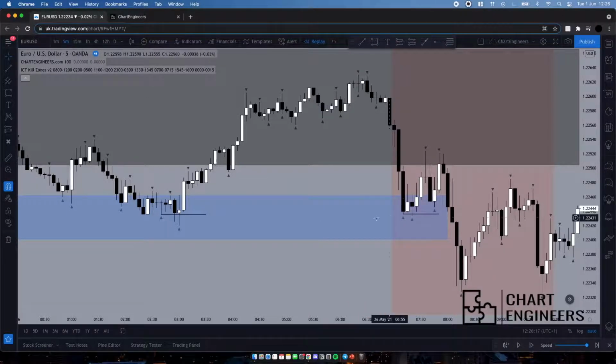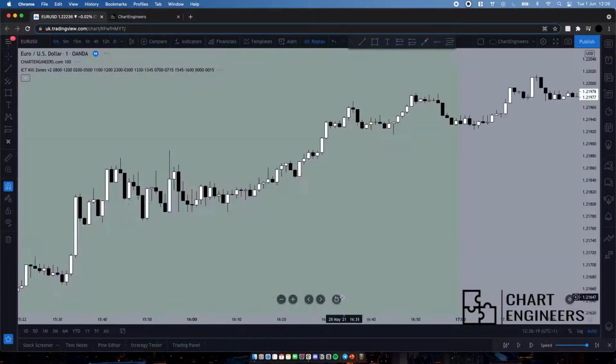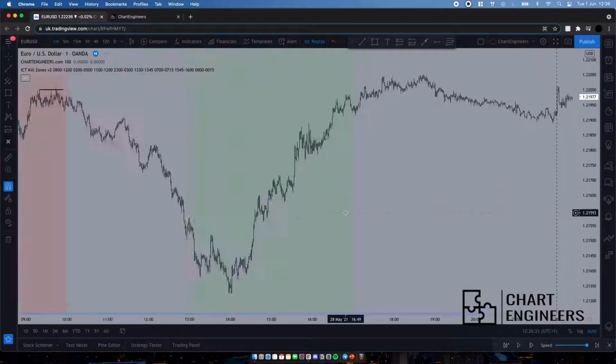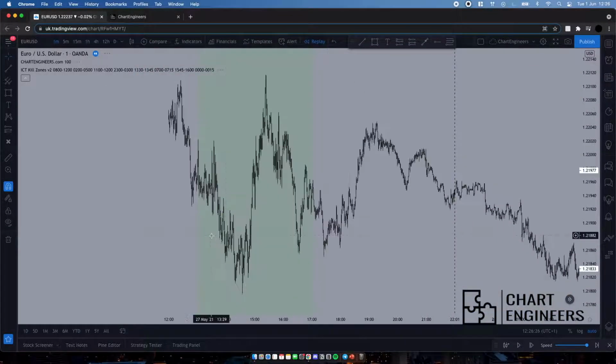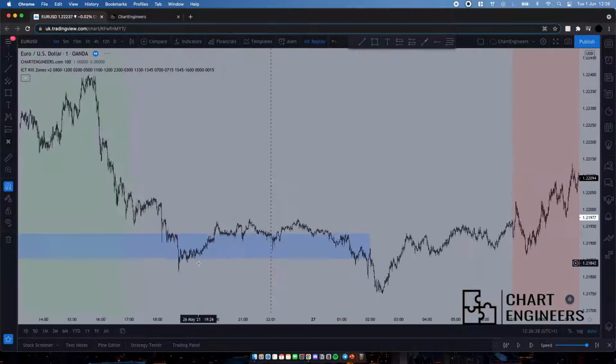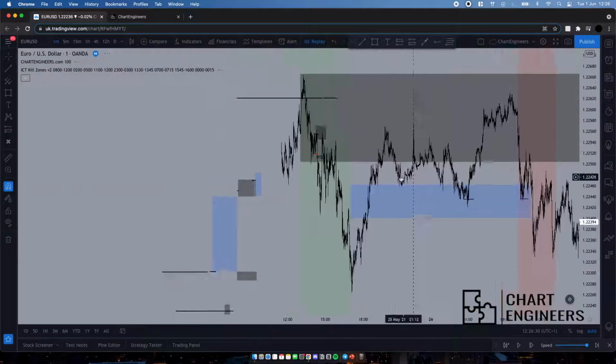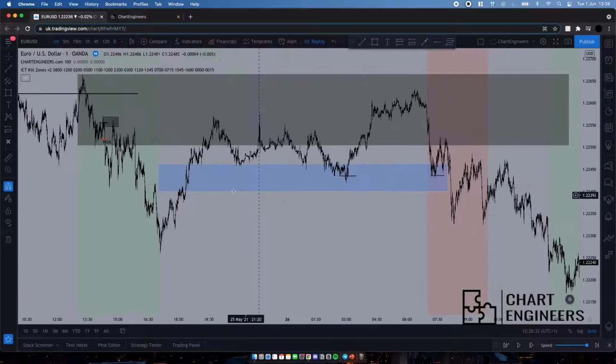So we have 2 raids on the M5. I also did a breakdown on this in my breakdown channel. And these raids also occurred at the 50% mark of the fair value gap, so 50% is over here.